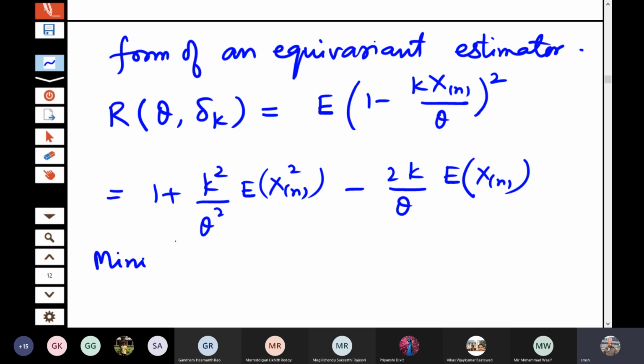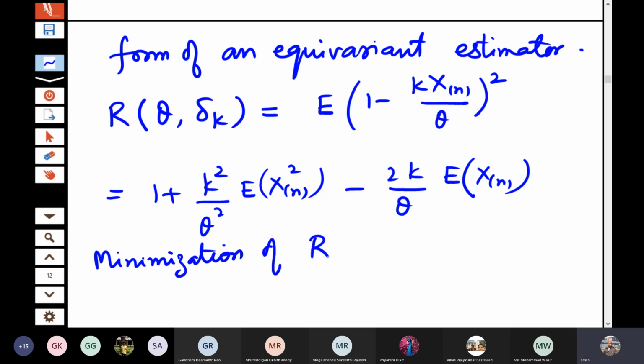Minimizing, you can see here that k square has a positive coefficient. So if you take two derivatives, you will get a positive value. That means it's a convex function. So minimization occurs at first derivative equal to 0.